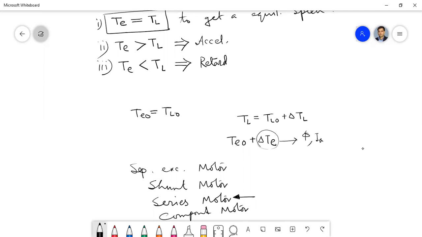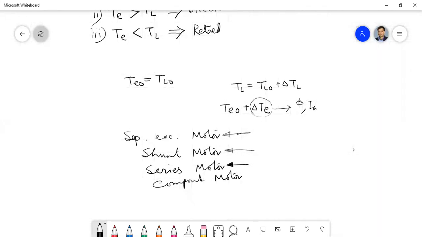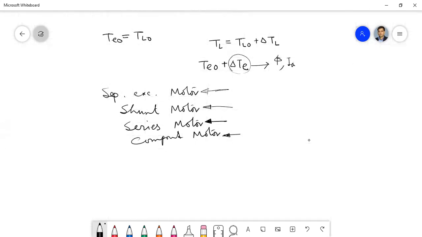The shunt motor and separately excited motors are used for toy cars, etc. Compound motors are also used, but nowadays their applications have become very rare. Other motors are still popular. Is it clear? So these are the different types of DC motor.